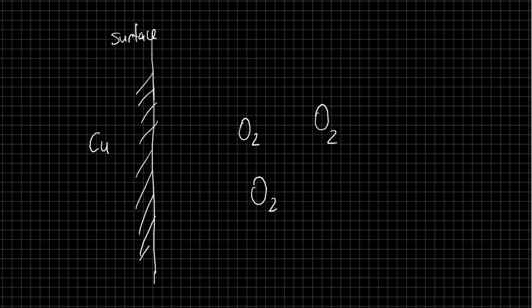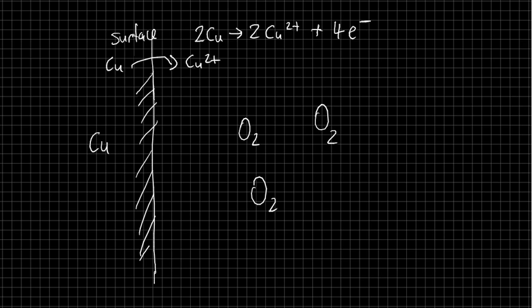The copper is going to be oxidized to copper 2+, so you'll have copper going to copper 2+, and you're going to have 4 electrons released. So that's going to be copper going from here into here, from copper to copper 2+.